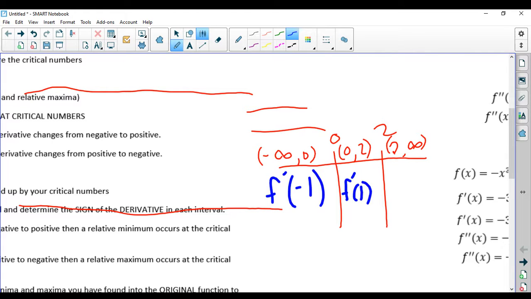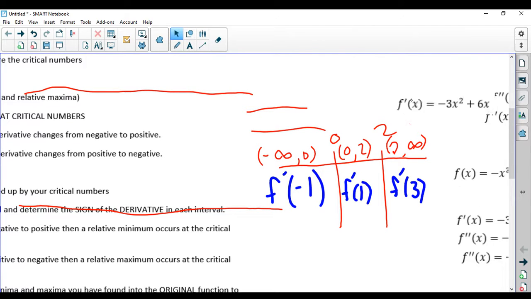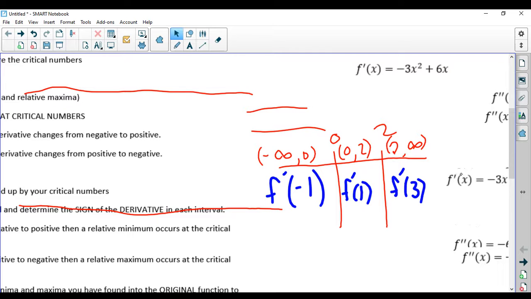And finally, in the last interval, we'll do f prime of 3. I'm going to remind myself what the first derivative was. It's easiest to deal with a factored version because all we're really worried about is if the derivative is positive or negative.